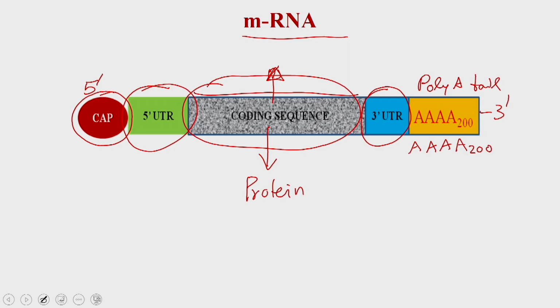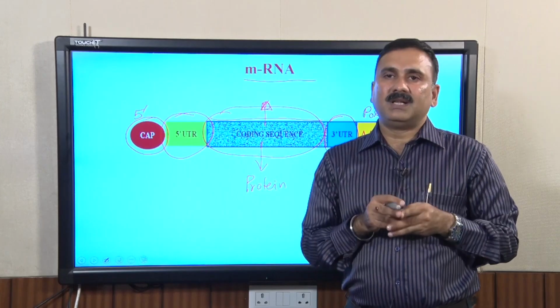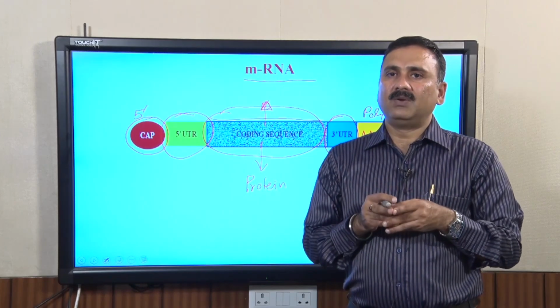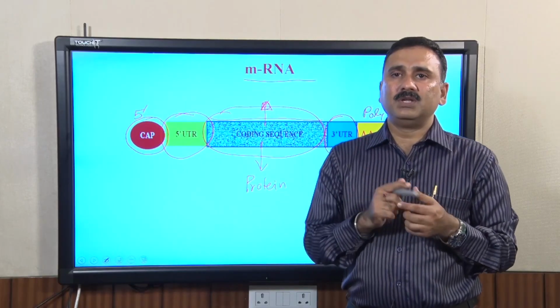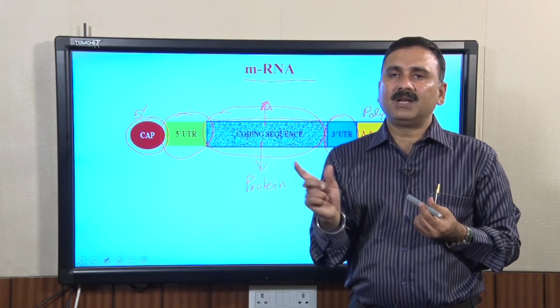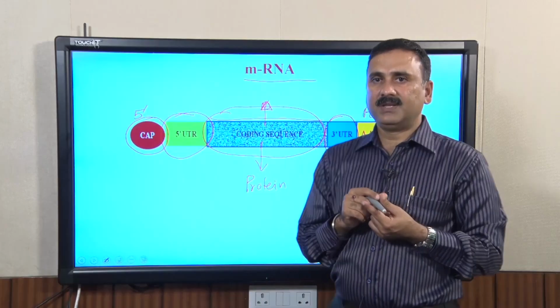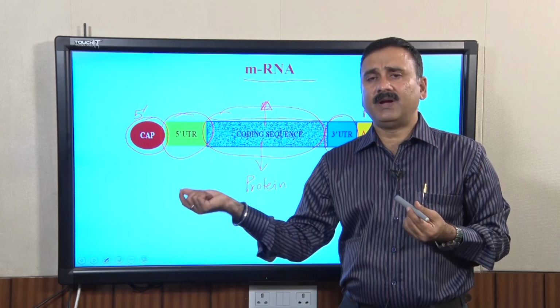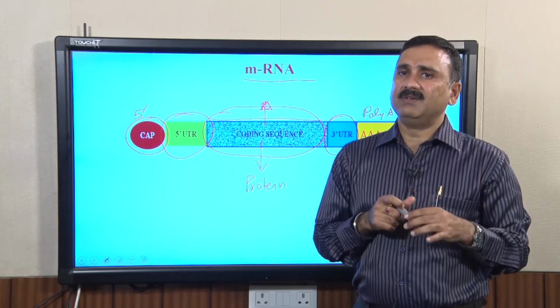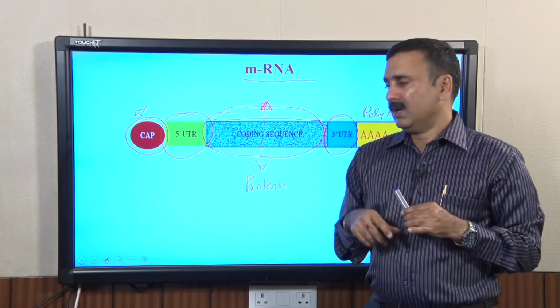What we want is to isolate the messenger RNA pool of that particular cell under specific conditions. So you want to use a generic sequence as a probe to isolate all the messenger RNA present in that cell.